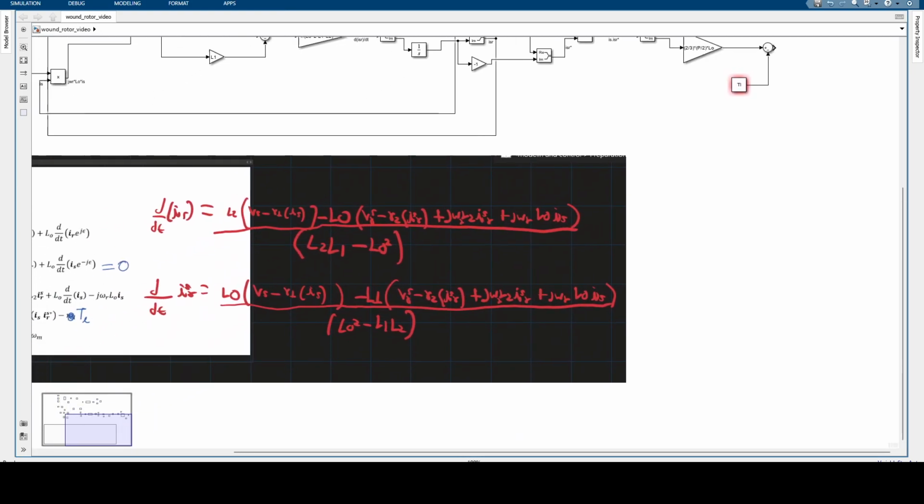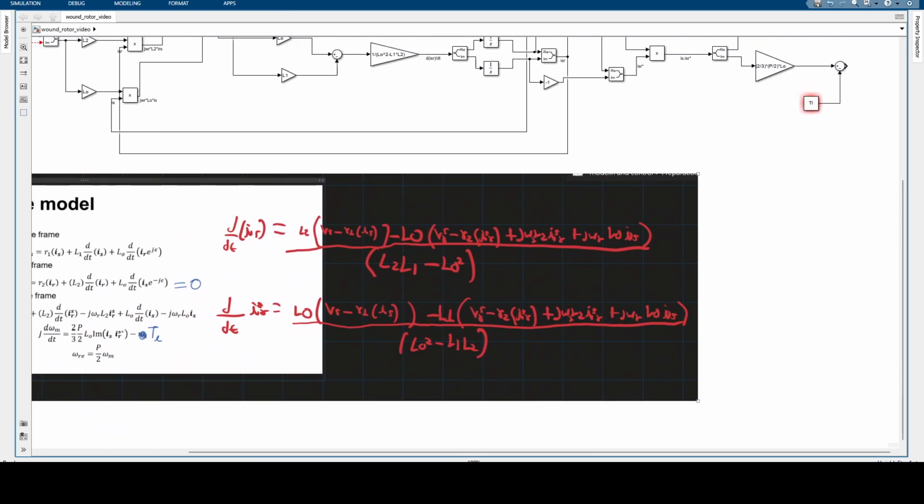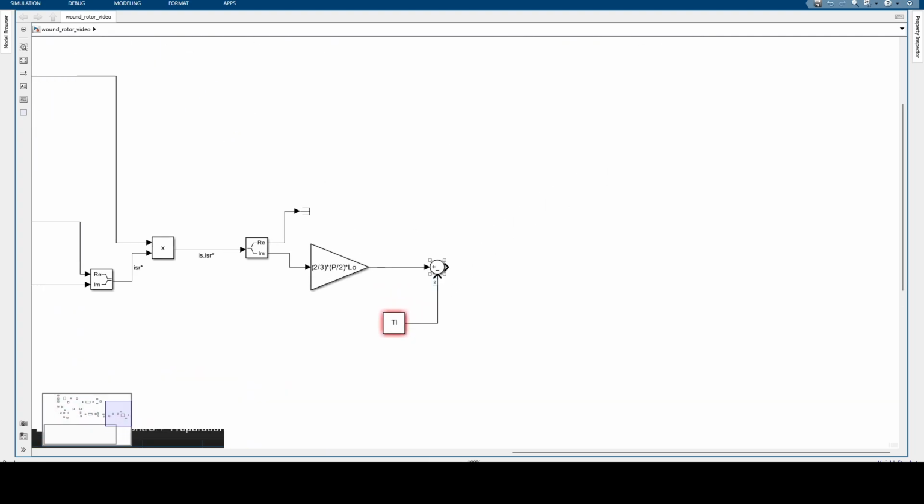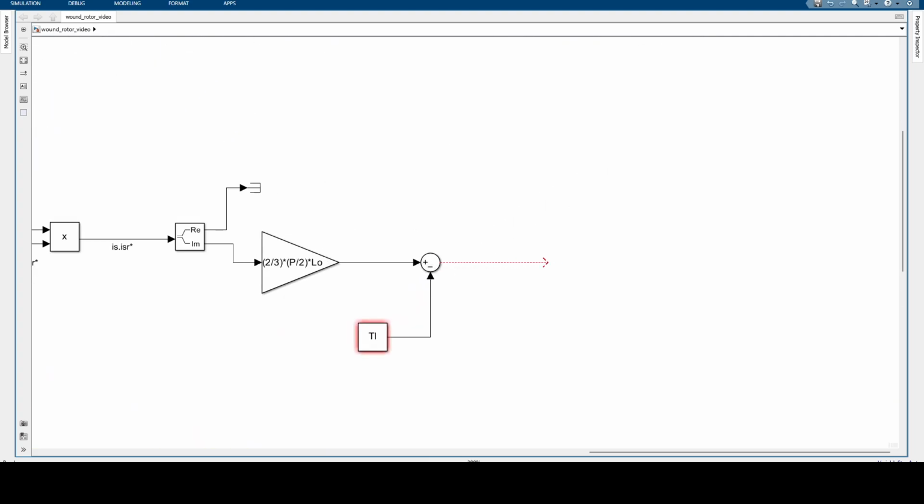So when we subtract all of this by the load torque, we're going to get our J d omega m dt.